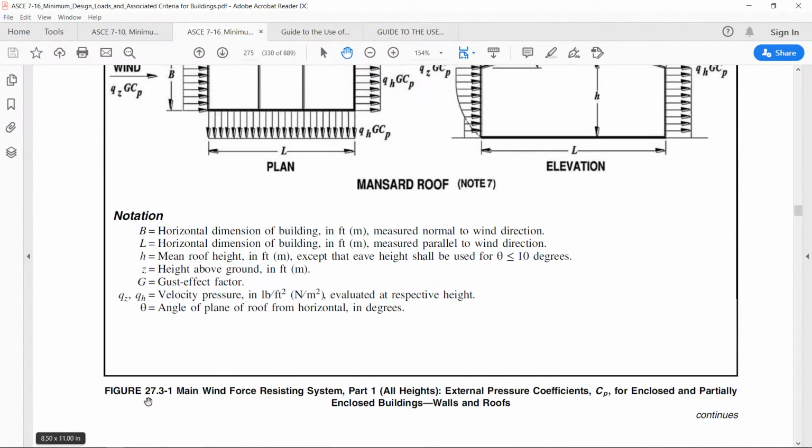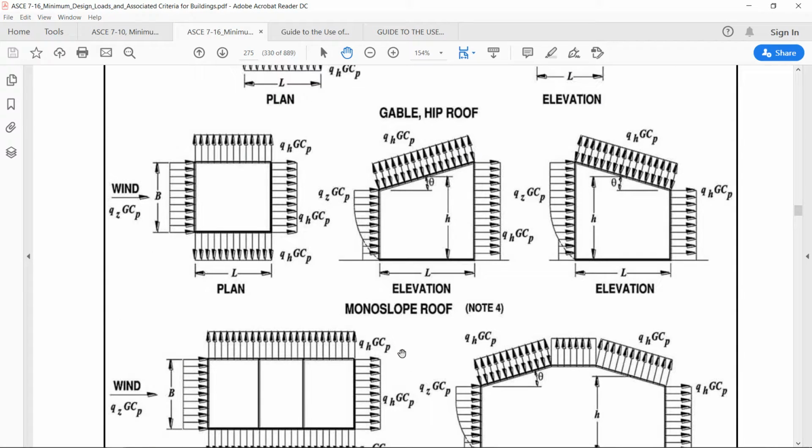This is the figure 27.3-1, main wind force resisting system part 1 for all heights, external pressure coefficients, Cp for enclosed and partially enclosed buildings. This is for wall and roof. Conditions are like this.